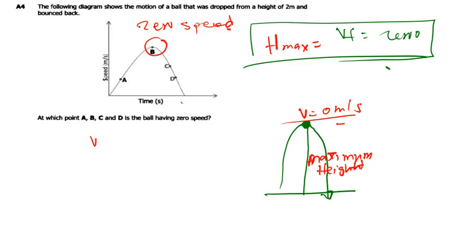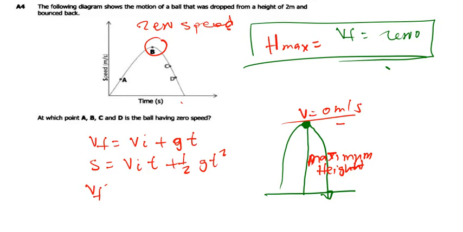We have V final equals V initial plus acceleration, that is we use G times T. Another formula is the displacement equals V initial times T plus half G T squared. Another one is V final squared equals V initial squared plus 2G times S.